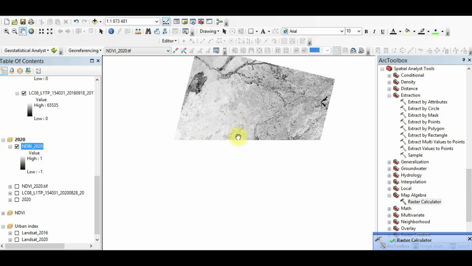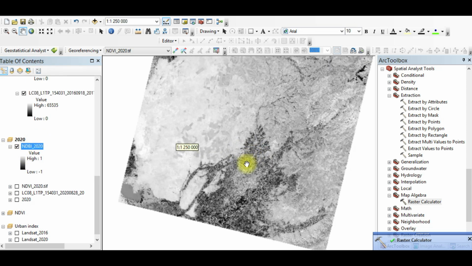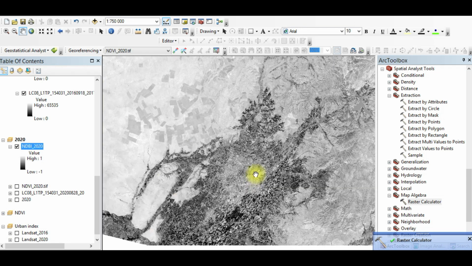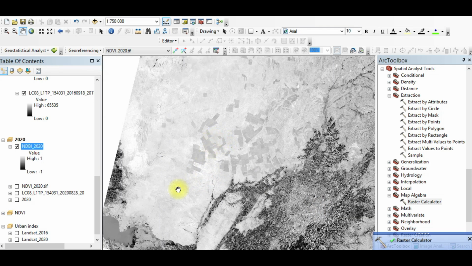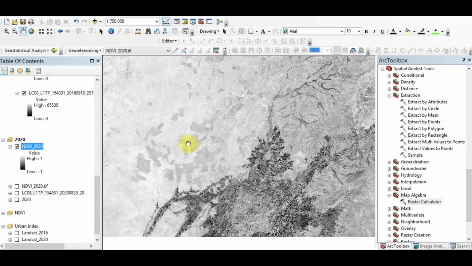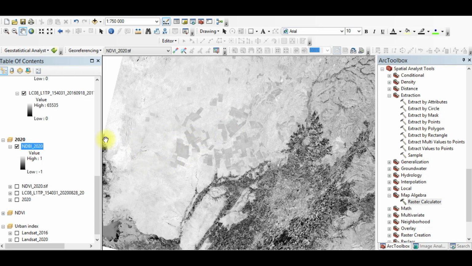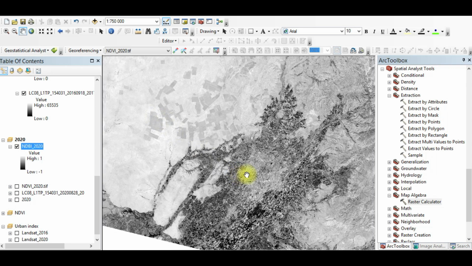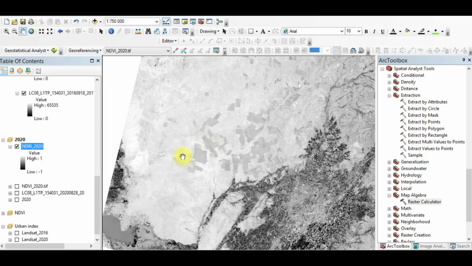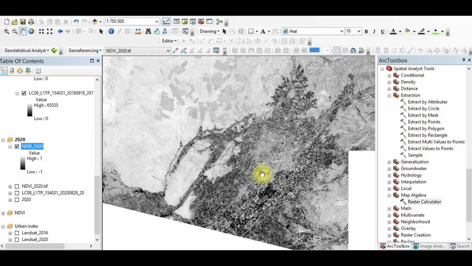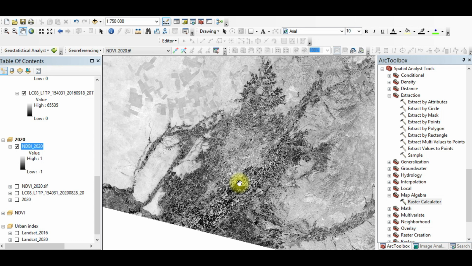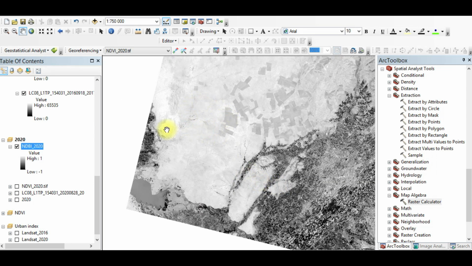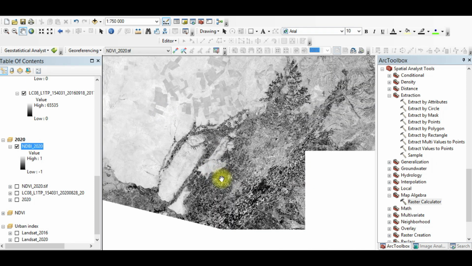So this is my NDBI for 2020. Almost the same results here. This is urban areas. Actually, these areas also have a high level of built-up, but actually these are minerals, can be rocks, probably asphalt, and probably concrete also, those objects that have reflectance very close to the urban reflectance, the urban signature. So these areas have a high level of reflection from shortwave infrared one.